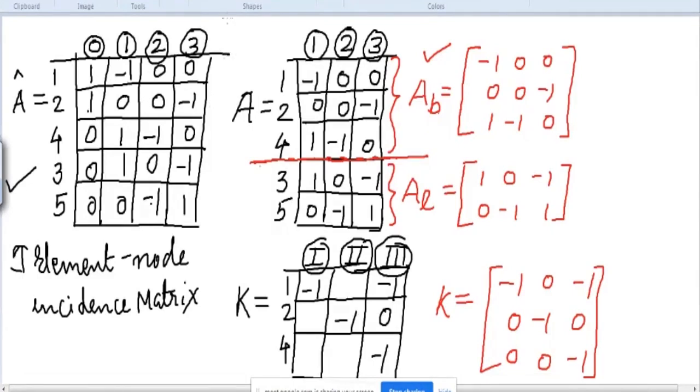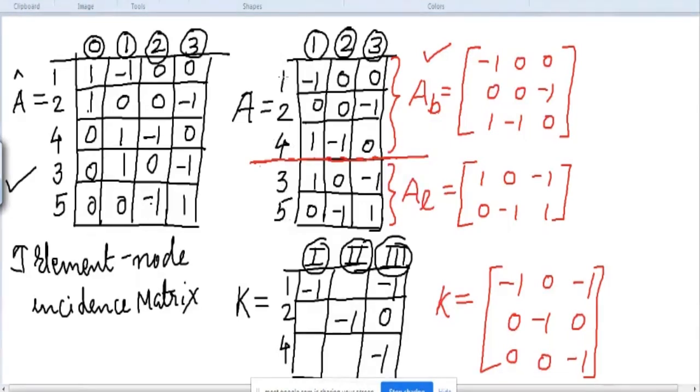Next, after finding this A dot, it's easy for us to find A just by eliminating the reference column from A dot. So we have eliminated the reference column from A dot, and we have written A here. Now the important part is that we have to make a partition of this A between branches and links.